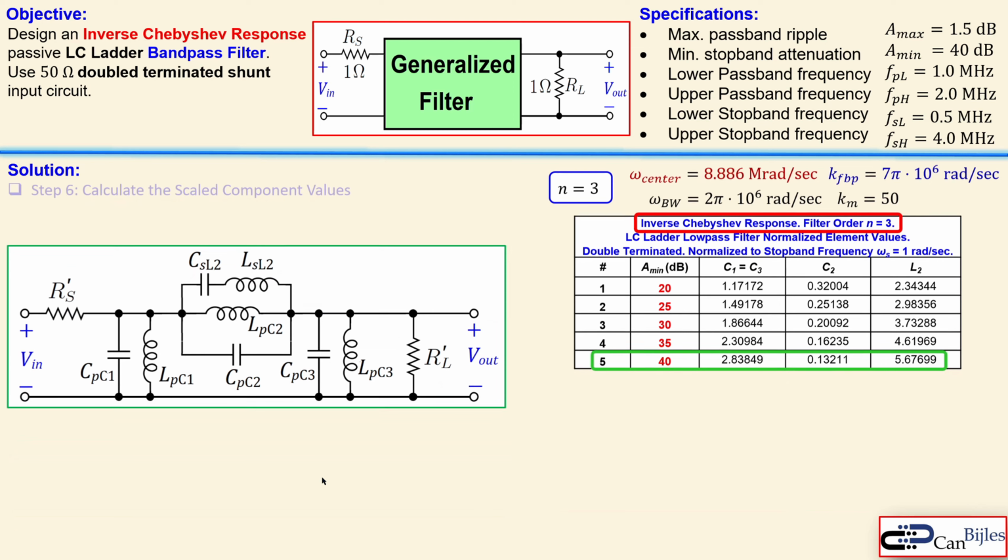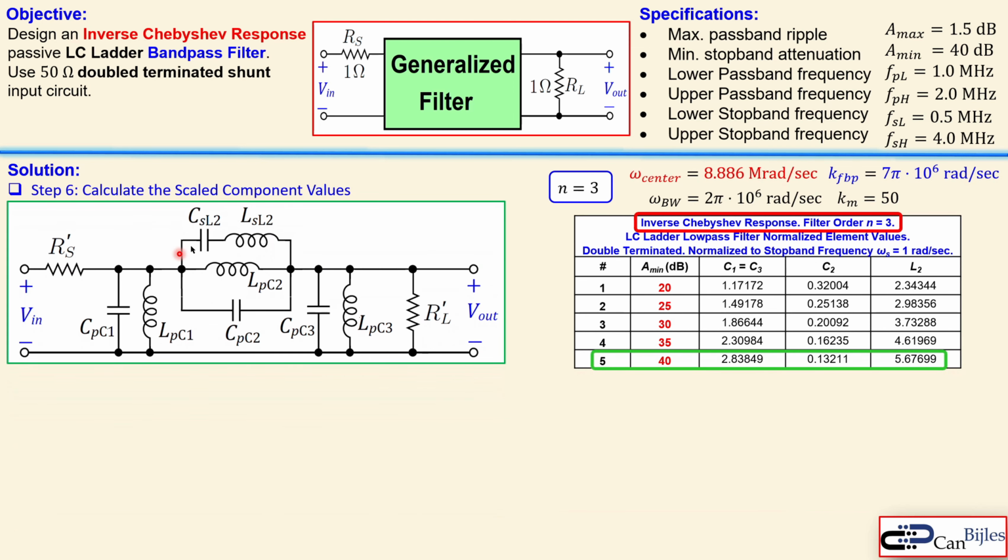So let's look at step 6, which is the calculation of the scaled component values for this circuit, which is our final circuit. Okay, we know the values here. We also know the coefficients here, so we can now use the formulas. CPC1, due to the C1, is calculated with this one, which is C1, again 2.83849, divided by the Km, which is 50, and also the Kf band pass, which is 7 pi times 10 to the power 6.